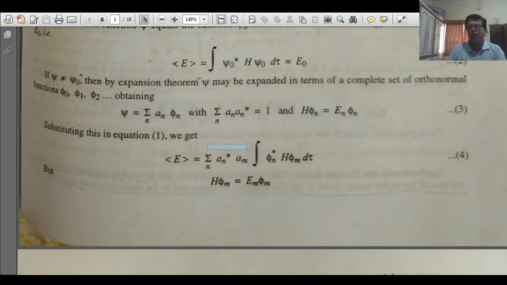So here are two different constants and two different wave functions. H phi m equals E m phi m.